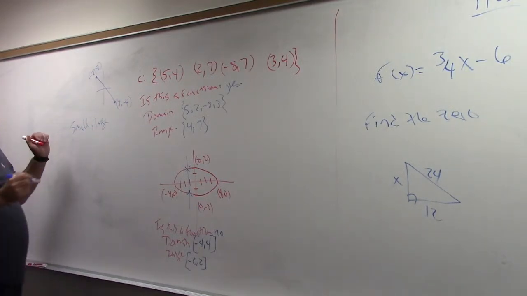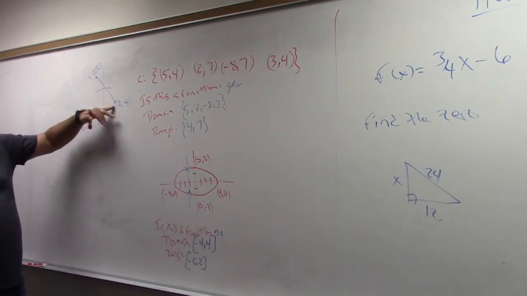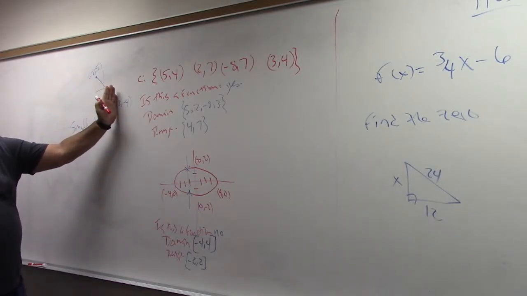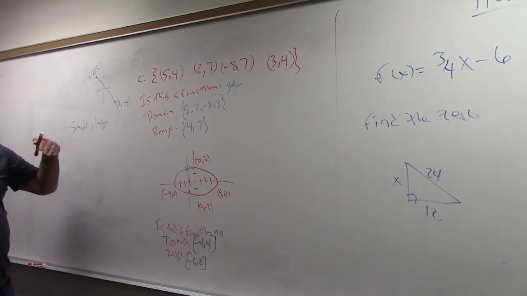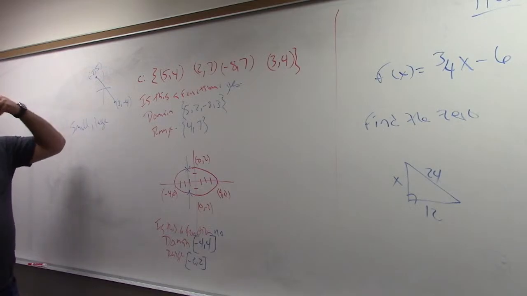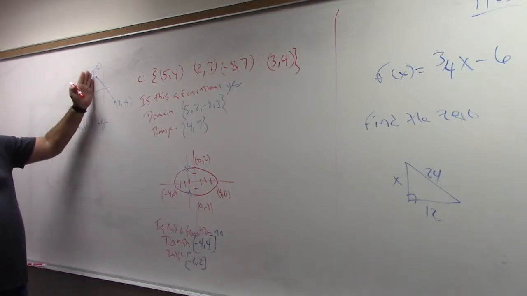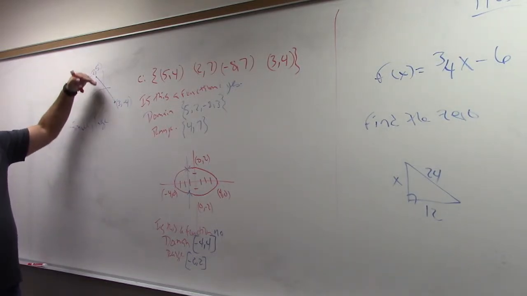A lot of people read it from bottom to top and say 3 to negative 2. But those are the x values, and those get read left to right. It's a good point, because visually it can look like that. Left to right is negative 2 to 3. Bottom to top is negative 4 to 5.